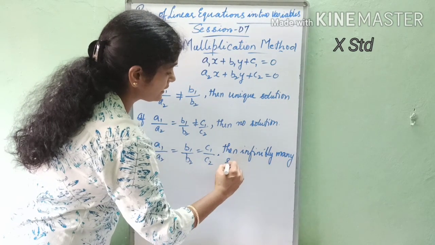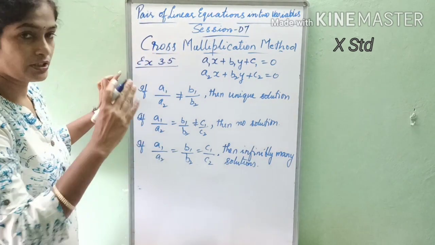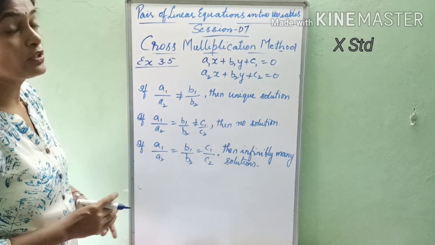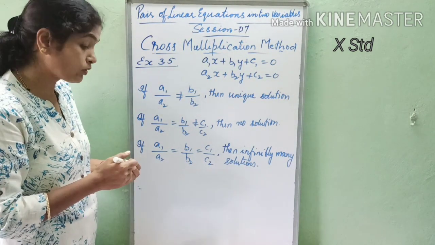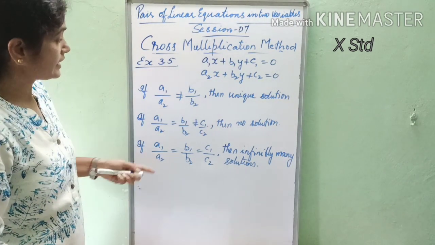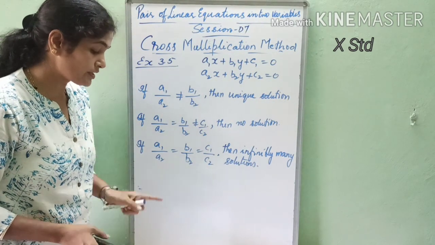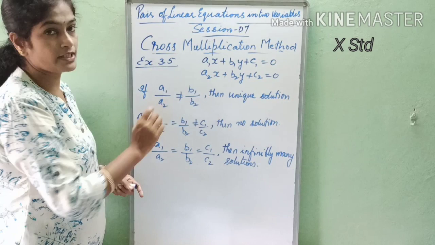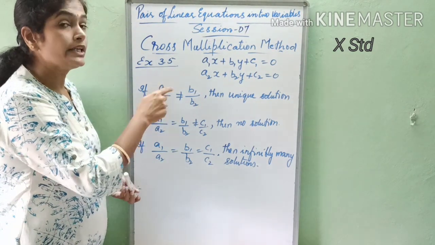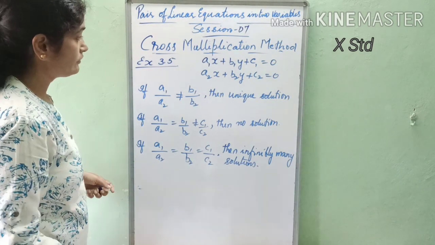When you draw the graph of it, you get a single line where both the equations' lines coincide. They coincide, and that's why we get a single line there. Now with these conditions, they have asked you in the question to first check whether we have a unique solution or not. So you have to check whether a1 by a2 is not equal to b1 by b2. Then we will check that.